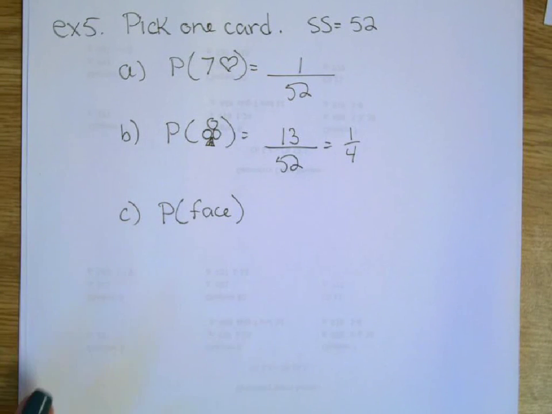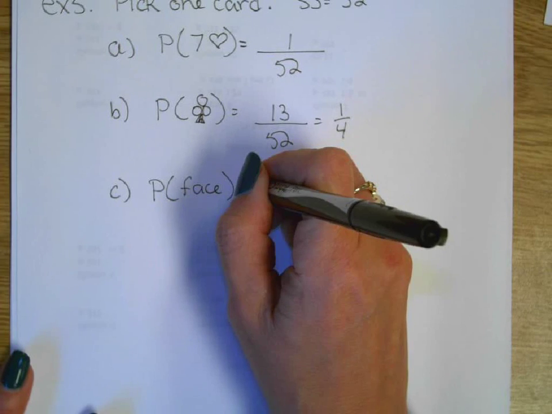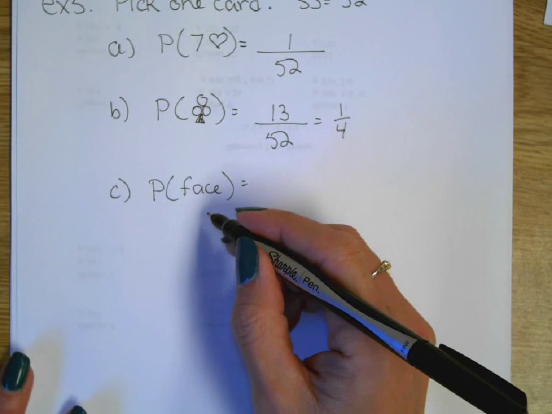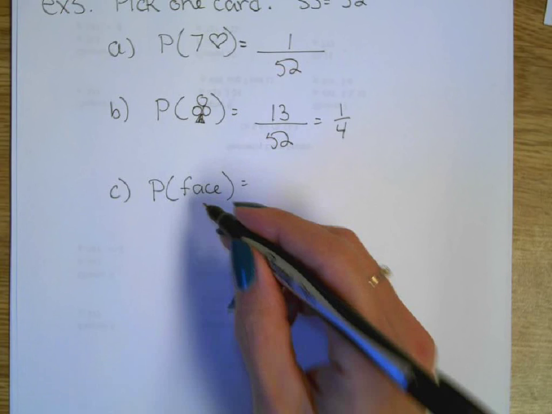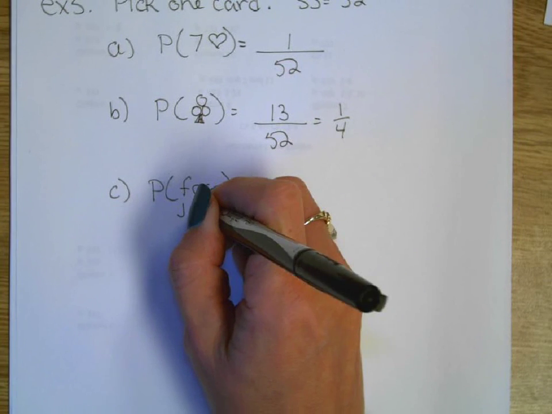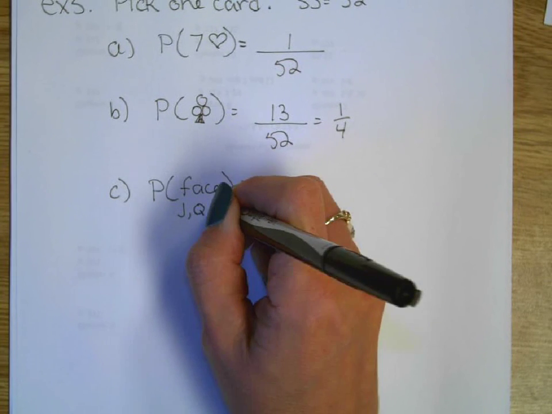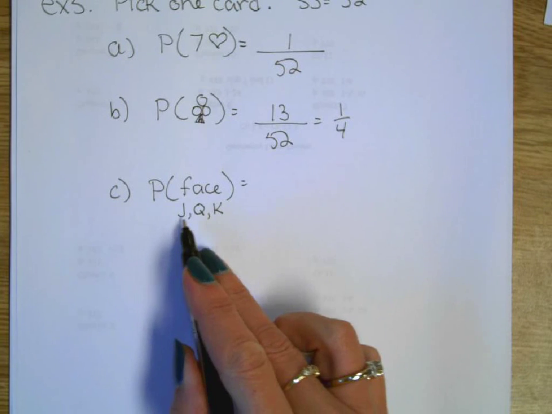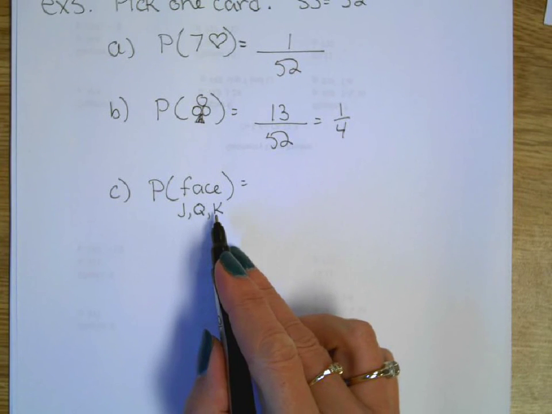Oh, now we got to talk face cards. If you're not familiar with the deck of cards, a face card actually has a face on it. And the cards that have faces are your jacks, your queens, and then the king faces. So there are 3 cards, but in each of the 4 suits.